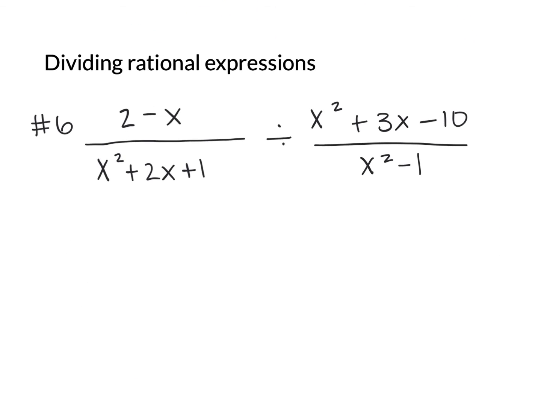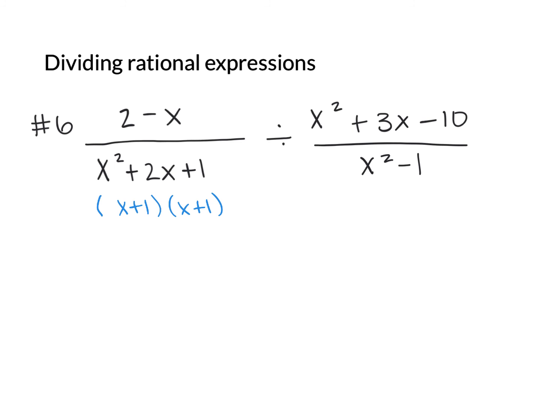Okay, last example of the day, we're going to divide rational expressions. So here, we're going to break down those quadratics. I want to know, what can I break down that multiplies to be positive 1, adds to be positive 2? I think that will be x plus 1, x plus 1. What two numbers multiply to be negative 10 and add to be 3?